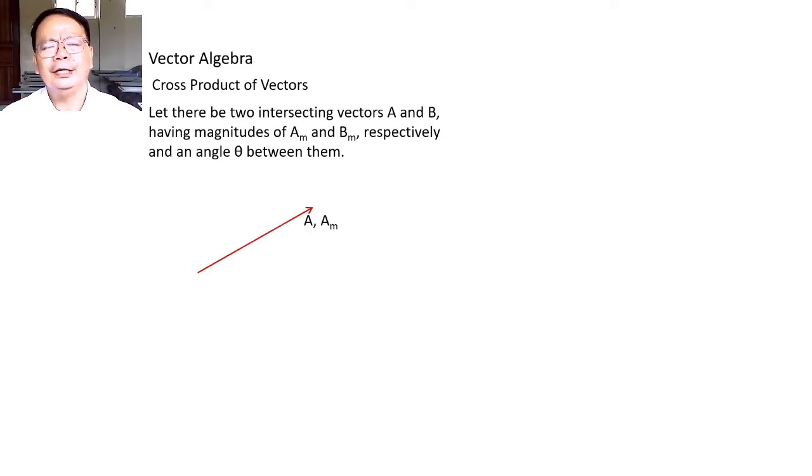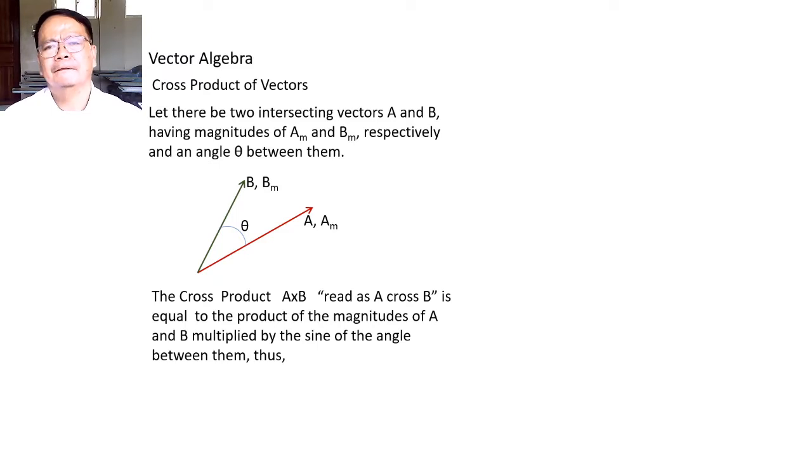So in figure, let us have here a vector A whose magnitude is A sub m. This is intersected by another vector B whose magnitude is B sub m at an angle theta between them. So by definition, the cross product of the two vectors A and B, this is read as A cross B, is equal to the product of the magnitudes of A and B multiplied by the sine of the angle between them.